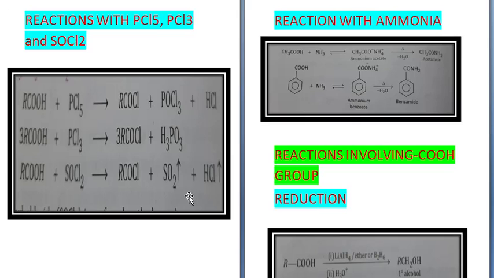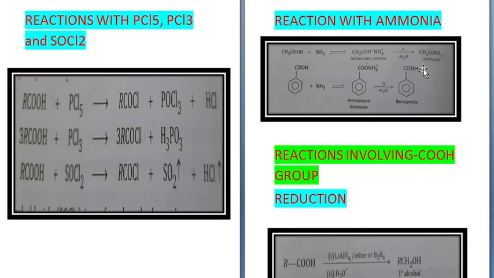Acetic acid reacts with ammonia to give you ammonium acetate, CH3COOH plus NH3 gives you CH3COO minus NH4 plus, which is an unstable compound. On heating, it loses one molecule of water and it gives you CH3CONH2, that is acetamide.